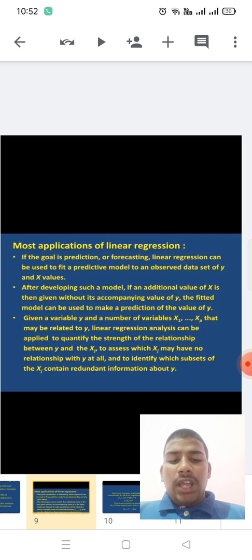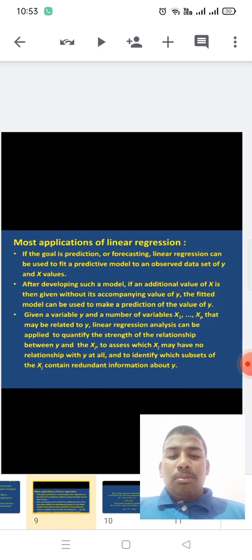Linear regression analysis can be applied to quantify the strength of the relationship between y and the xj, to assess which xj may have no relationship with y at all, and to identify which subsets of the xj contain redundant information about y.